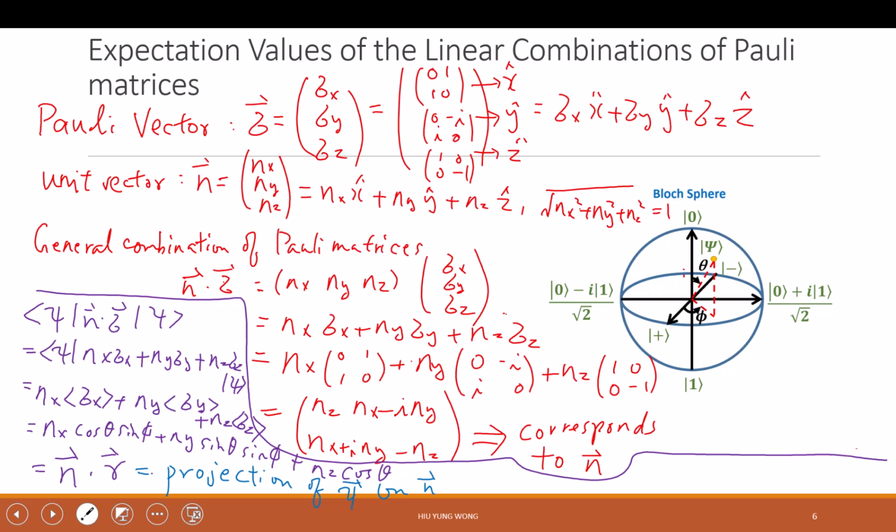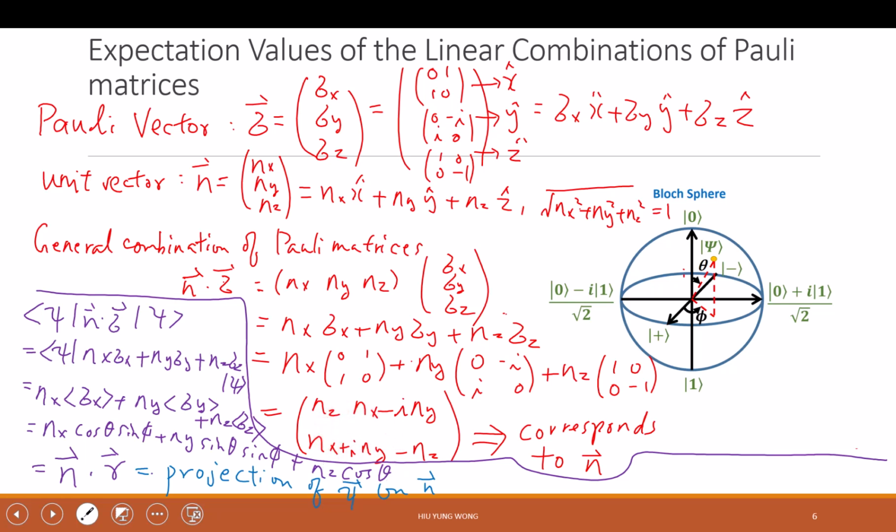Where I'm not doing rotation. Can you say again? This matrix, yes. This is unitary.